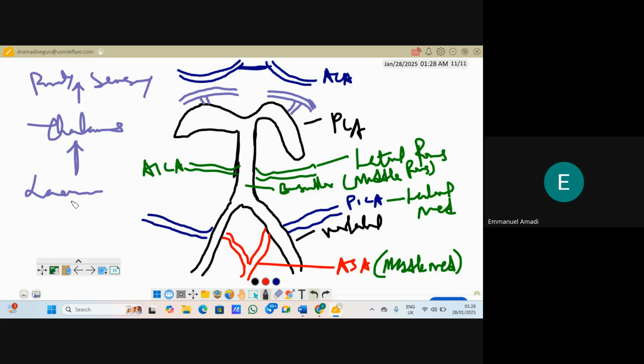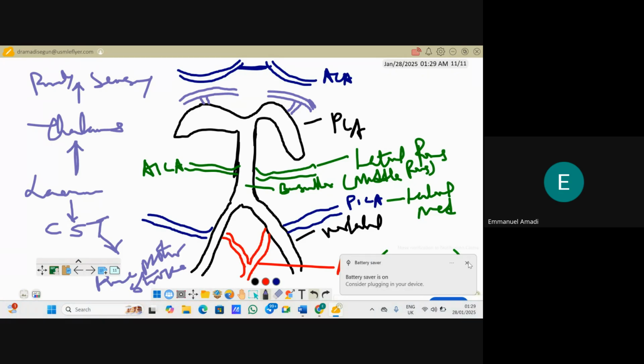On the other hand, if this lacunar stroke is affecting the corticospinal tract, it will give you a complete or pure motor stroke. That is the last one I want to mention.